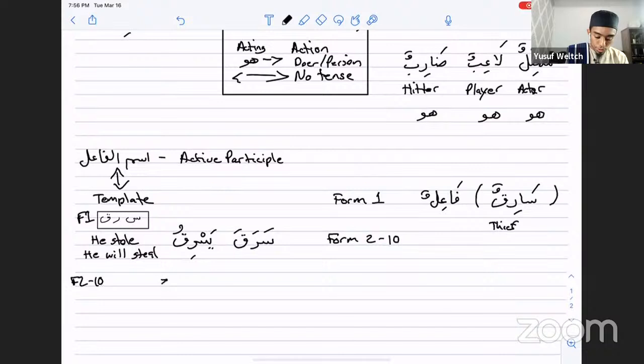Let's say we're going to use form 2 to 10. We're going to use the words ha, mim, and dal. I want to make ism al-fa'il for form 1. What would it be? I want to use the root letters ha, mim, dal, but I want to make an ism al-fa'il from form 1.